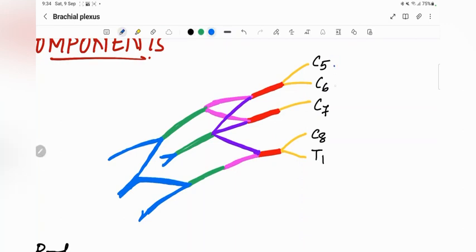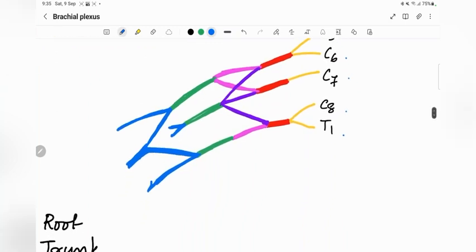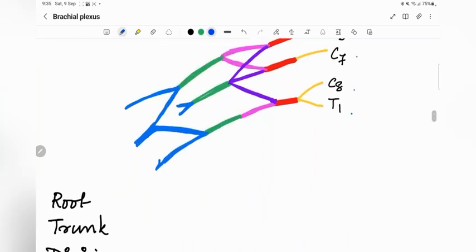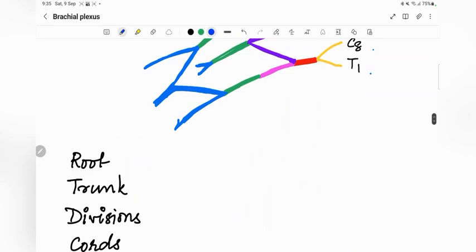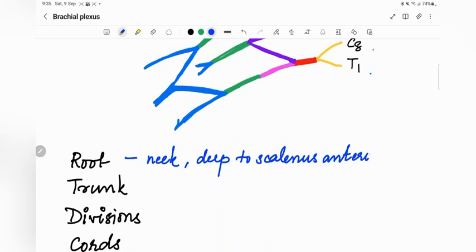The anterior primary rami constitute the root, and the root is located in the neck deep to the scalenus anterior muscle. And this consists of C5 to T1.